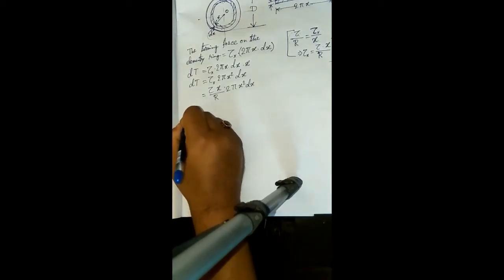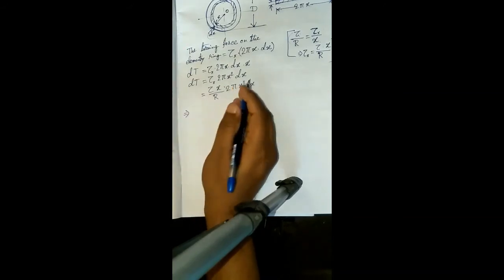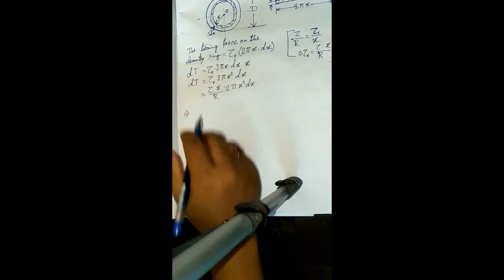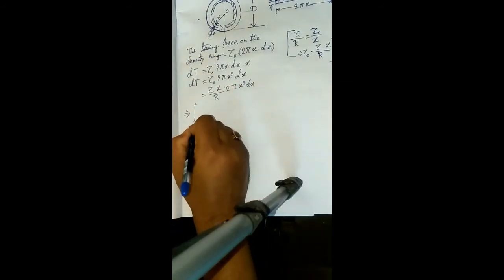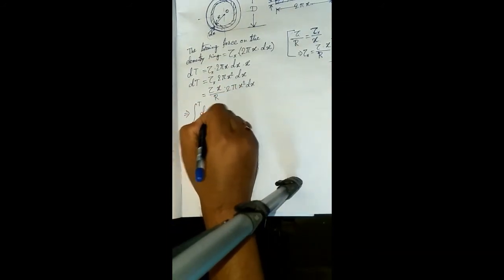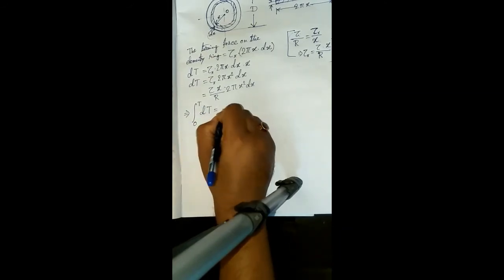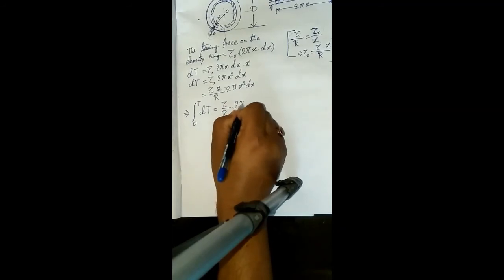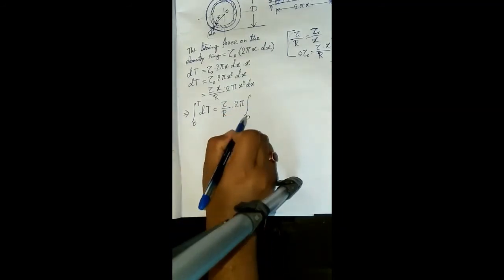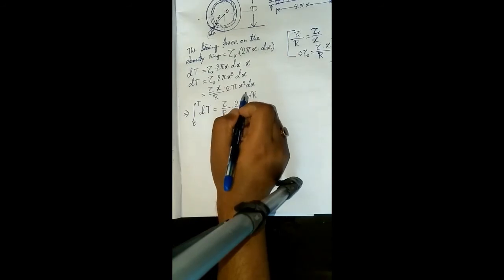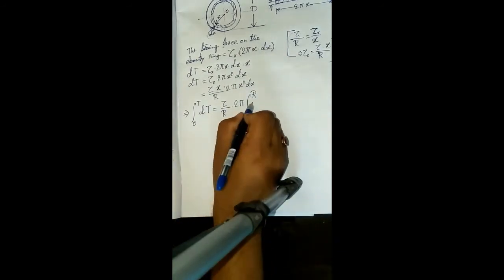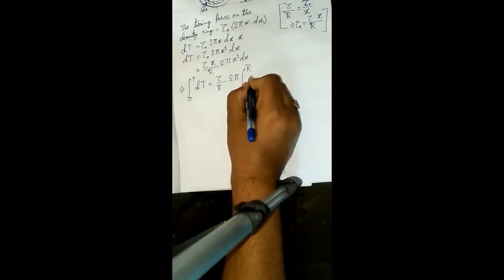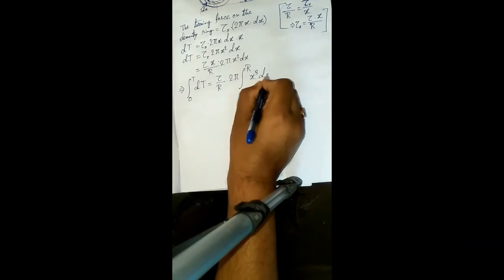Now we are going to integrate both the left hand side and right hand side, that is integration 0 to T of TD equals tau by R into 2 pi integration 0 to capital R of x cube dx.